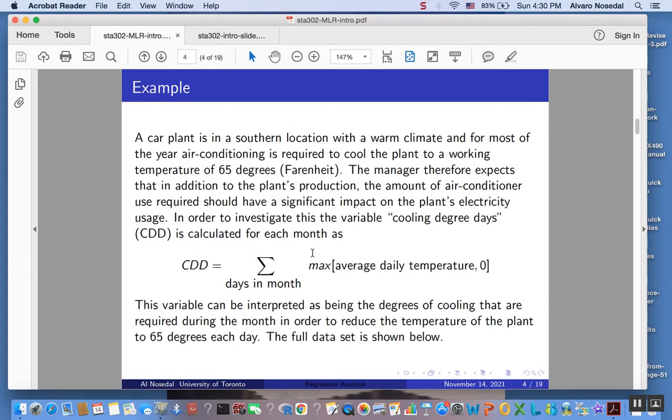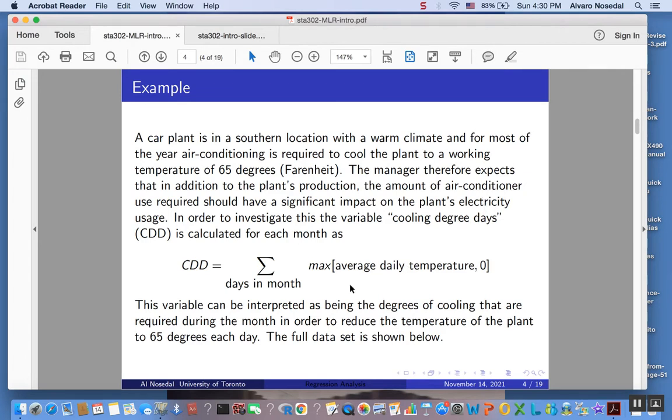The next slide contains not only this predictor, it contains another predictor and the response variable that we are interested in. As you can imagine from the information contained in this slide, the response variable, the variable that we would like to be able to predict, is the plant's electricity usage. And this is one of the variables that we're going to be using to try and predict that variable.